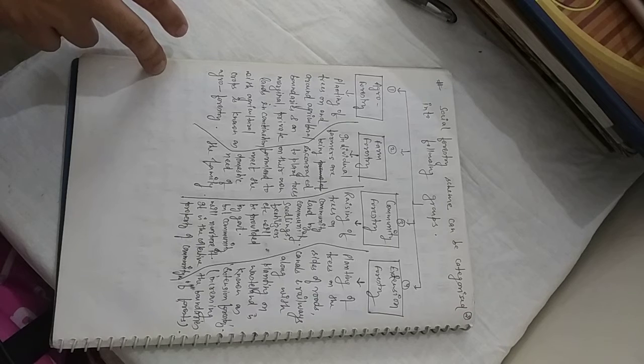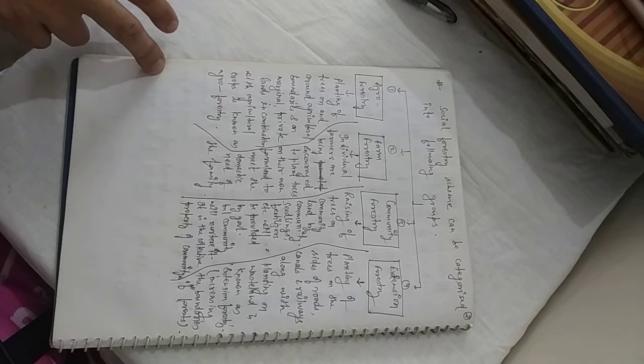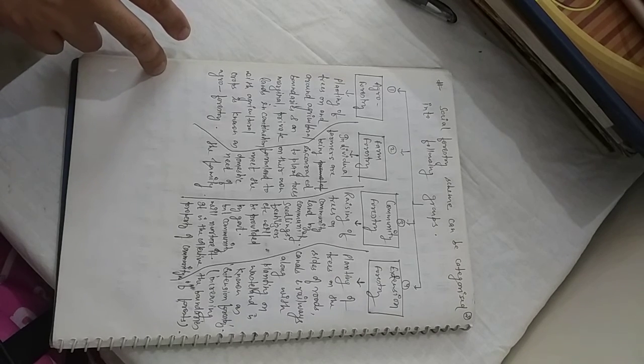So who will be providing seeds and other required things, seedlings, fertilizers, etc.? They will be provided by the government. Because in a community, nobody will be investing. Because it is the collective property of the entire community, no? It is not an individual property. So the government will take the initiative to provide seedlings, fertilizer, etc. But the community has to take responsibility to look after and nurture the trees which have been planted in community land.